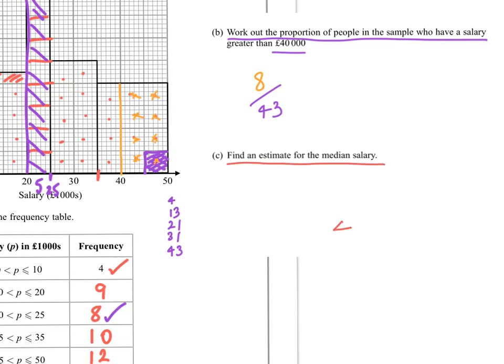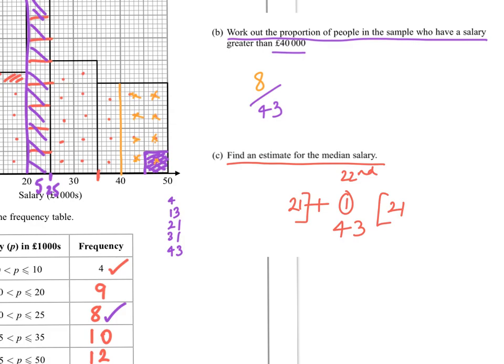Well, now you know there's 43 people. If you line them all up in order of salary, from smallest to greatest, just like the histogram's already done for us, then we'd get 21 people one side, 21 people the other, and there'd be one person in the middle, and that would be the 22nd person.